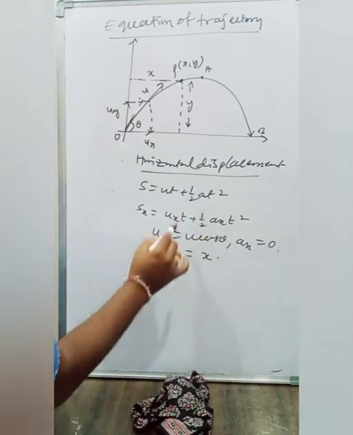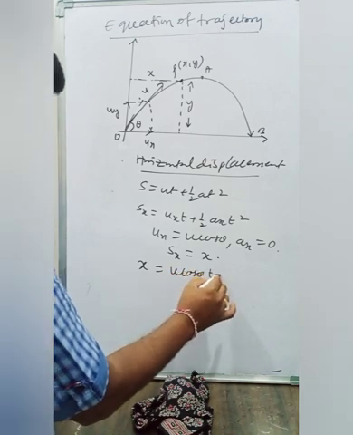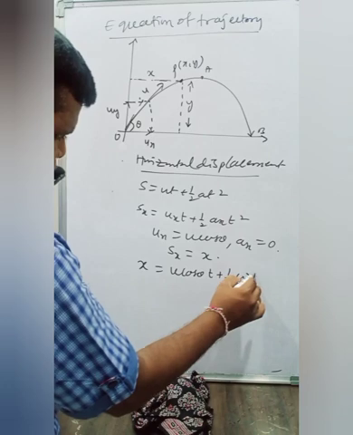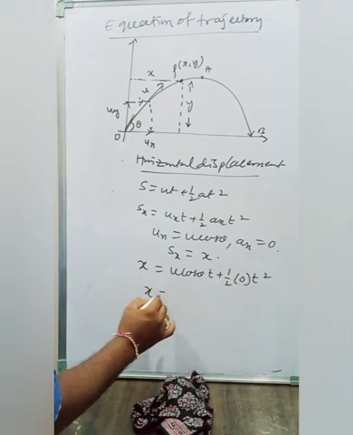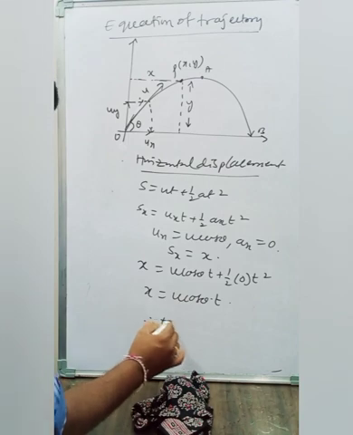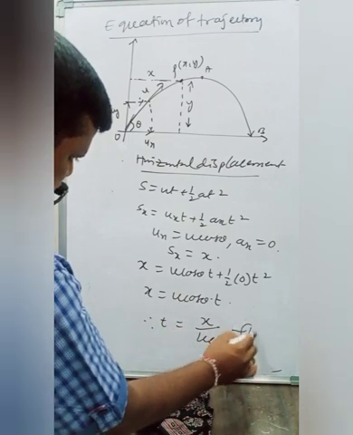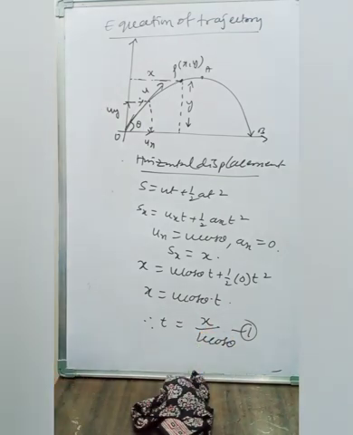Therefore x = u cos θ × t + ½ × 0 × t². Therefore x = u cos θ × t, so t = x / (u cos θ).